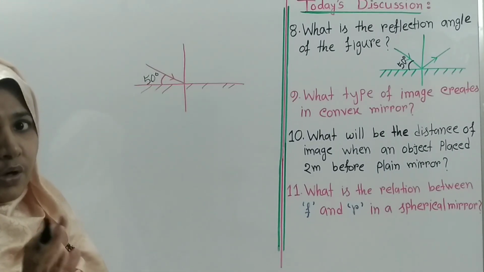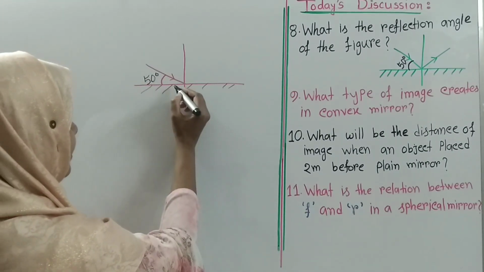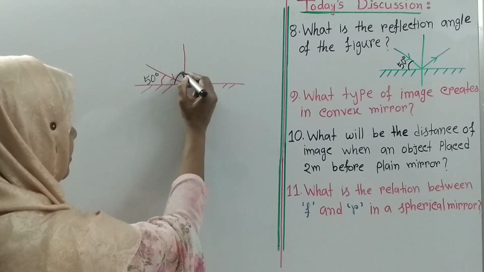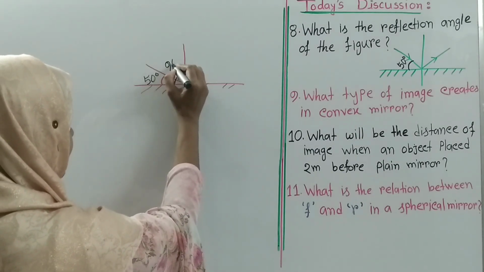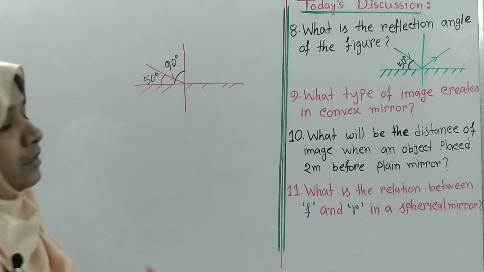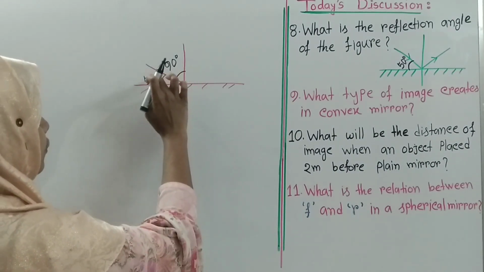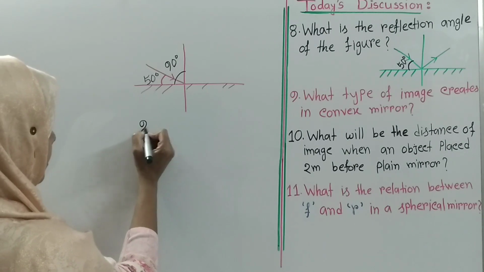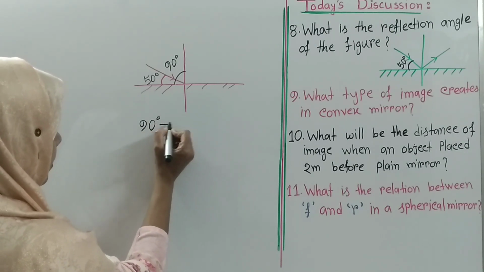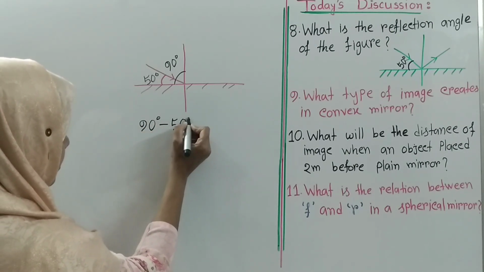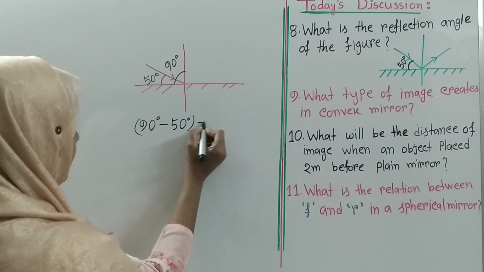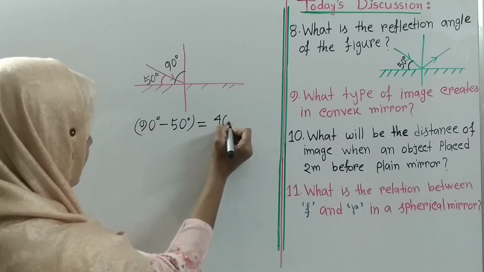And you all know that the angle between the reflector and normal is 90 degree. So if we subtract 50 from 90, then the answer will be 40 degree.